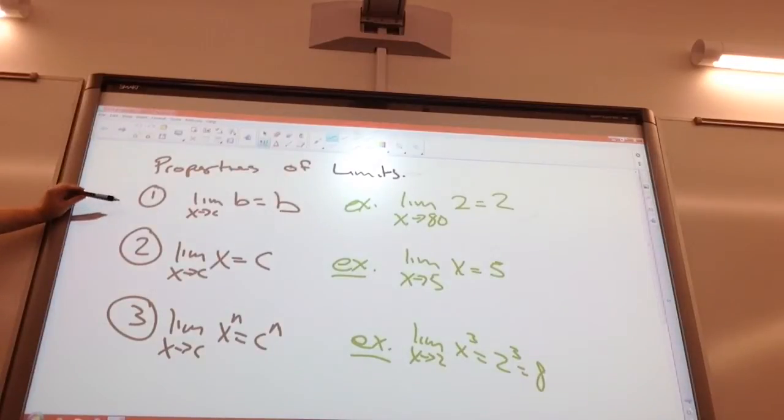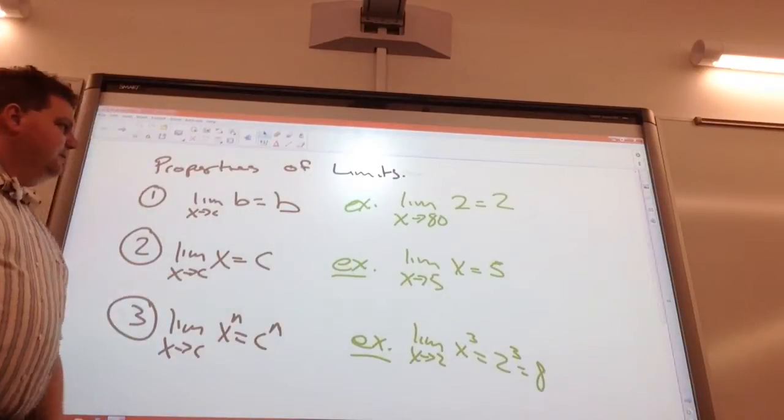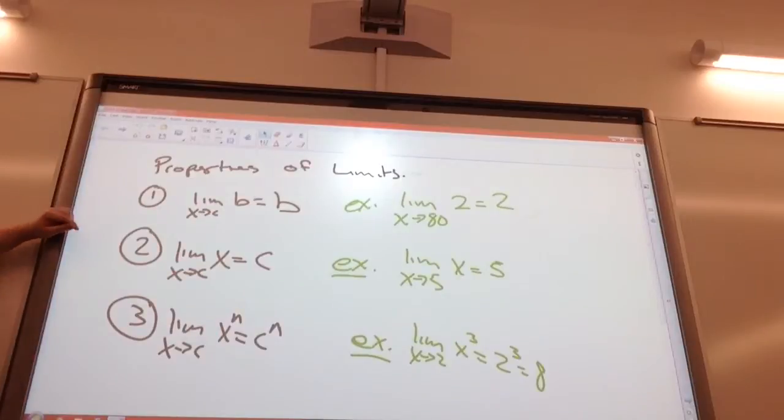I have an example to the side, a rather ridiculous one: the limit as x goes to 80 of 2 is 2. Again, the limit of a constant is the same constant. Nothing really changes there. Constants are kind of trivial in that regard. So that's our first basic limit.